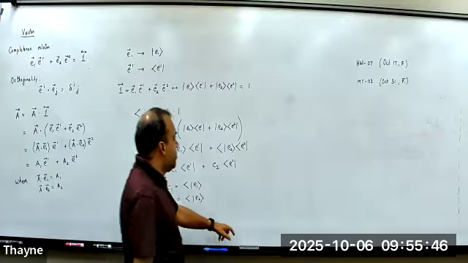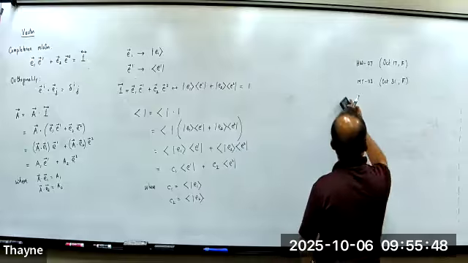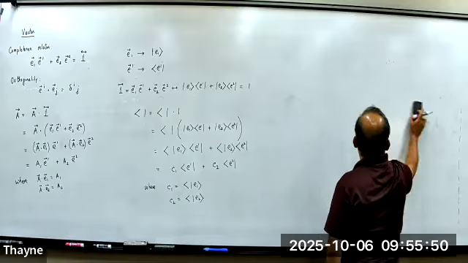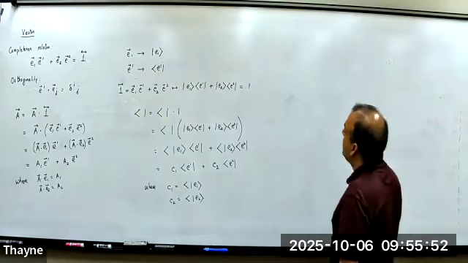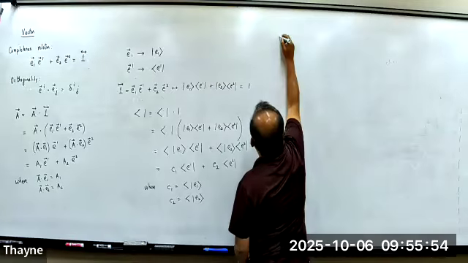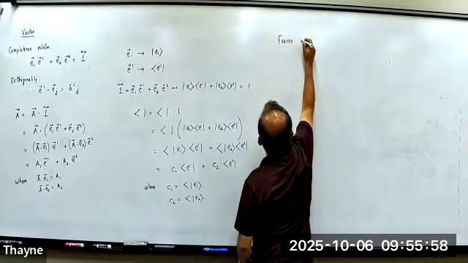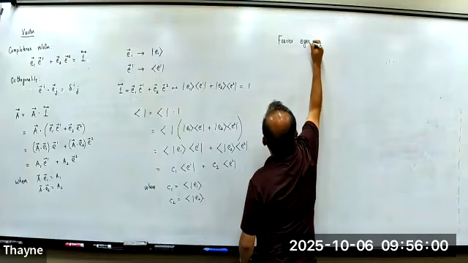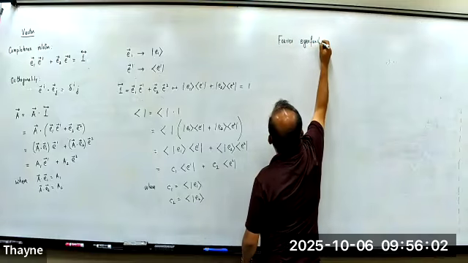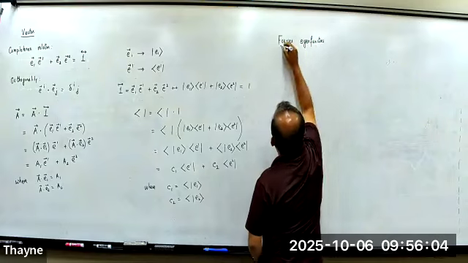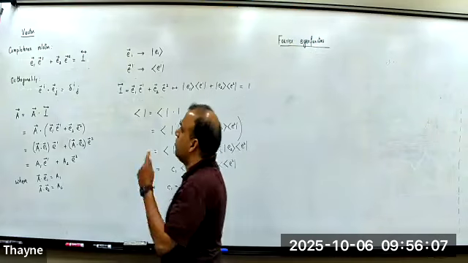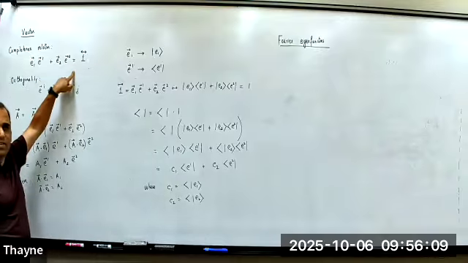Now, we want to do the same thing for Fourier transform. So this will be called Fourier eigenfunctions. Notice what the most important piece was, right?